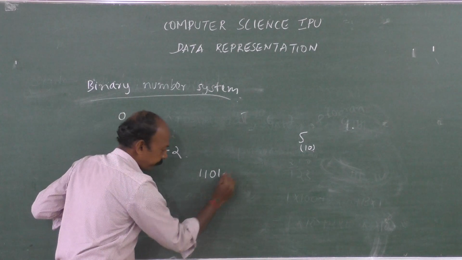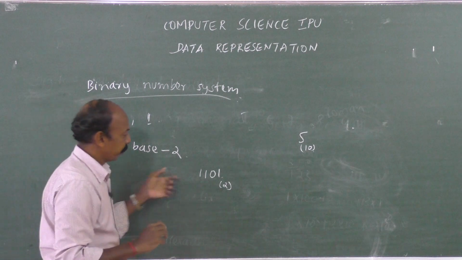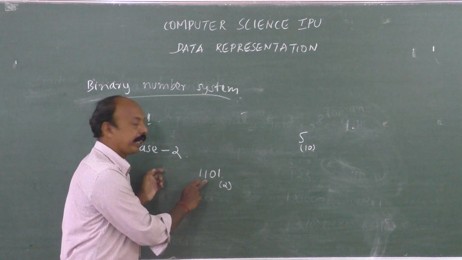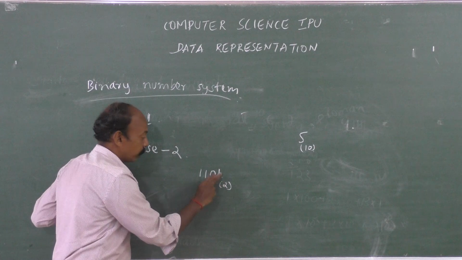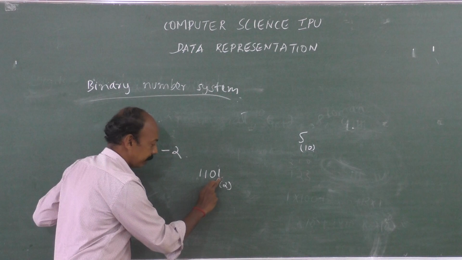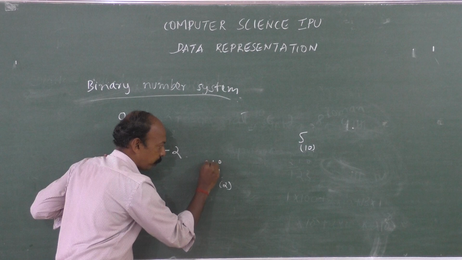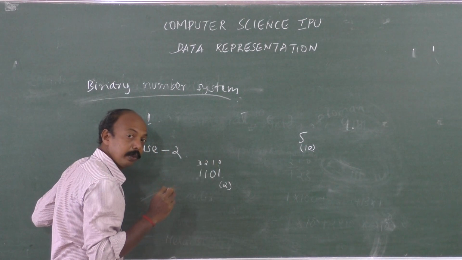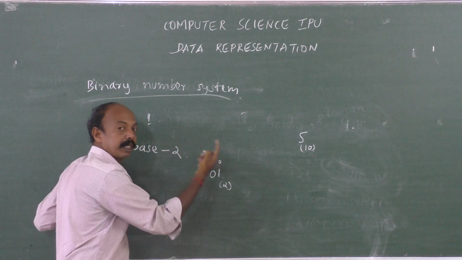In the previous case, in the decimal number system, we represented the number with respect to the weight of 10. But here, what is the weight of these values? Here it has to be written with respect to 2. Starting from 0, this is 0, 1, 2, 3. Earlier, in the decimal number system, it was 10 to the power something, but here we have to write it as 2 to the power something.